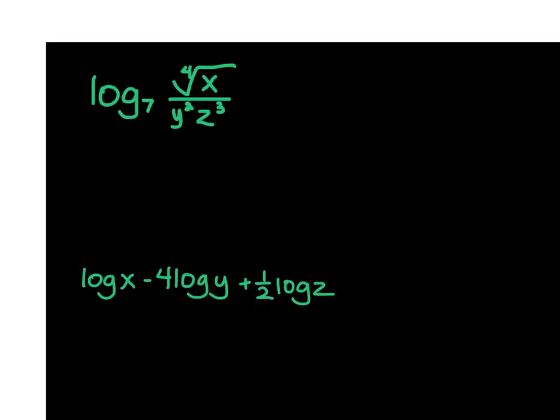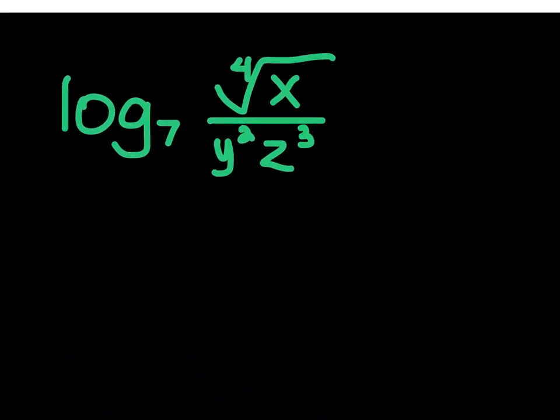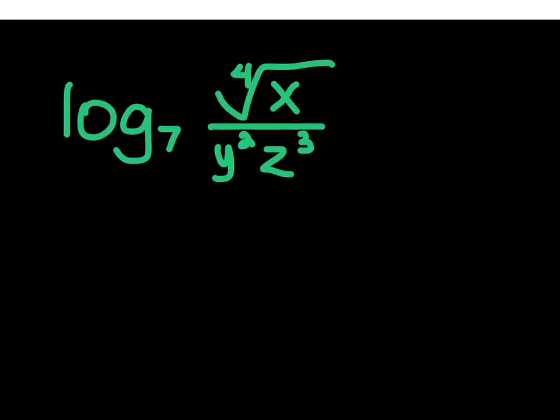So examples of those, notice the difference. Obviously, the first one has 1 log, which means you're going to expand. The second one has multiple logs, which means you're going to condense. So if I expand and I have the 4th root of x over y squared and z to the 3rd, I'm expanding into addition and subtraction, right?